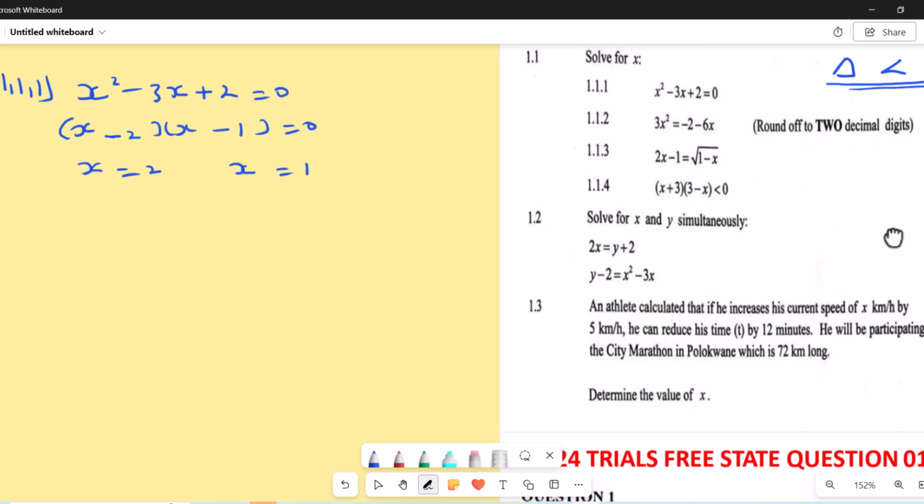Next question. The moment they say solve and round off to decimals, it means we're going to use the quadratic formula, but you must rearrange it in standard form.